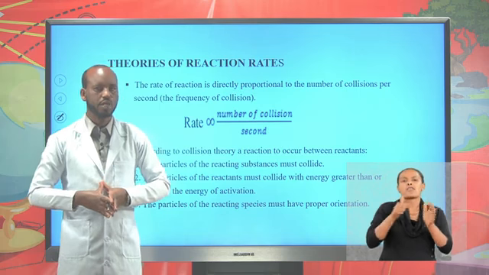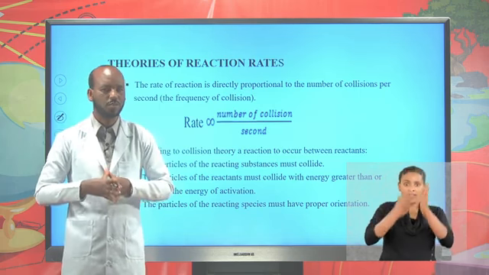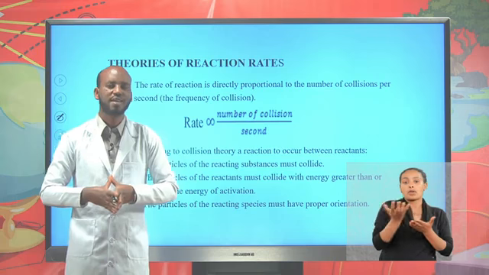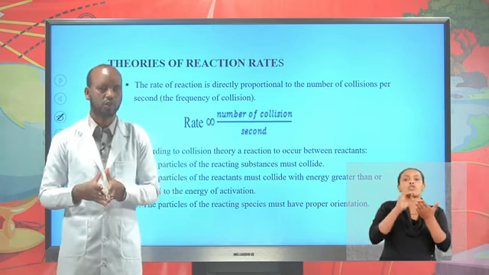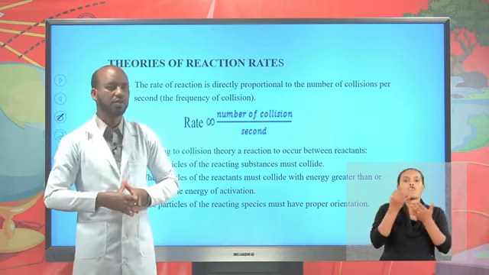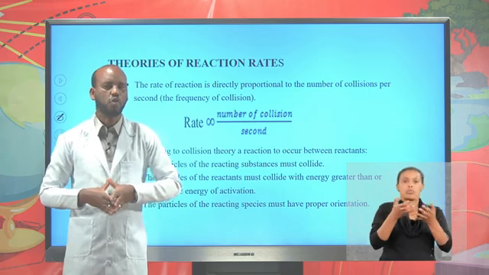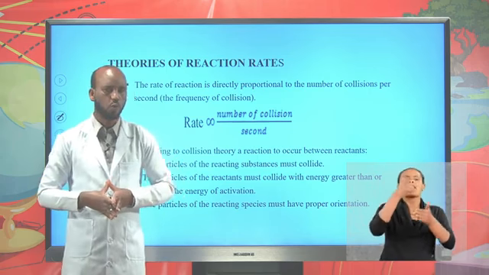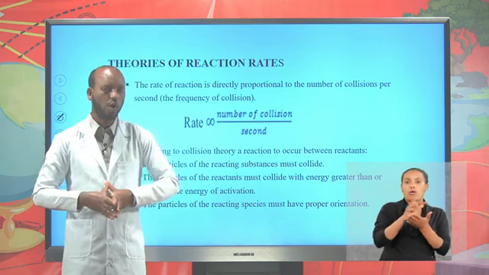Effective collision is collision between reacting substances which results in the formation of the desired product. The other type is ineffective collision, which does not result in the formation of a reaction.